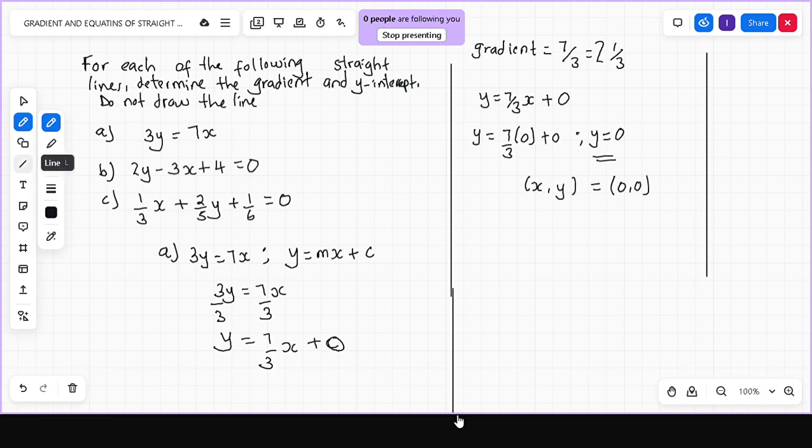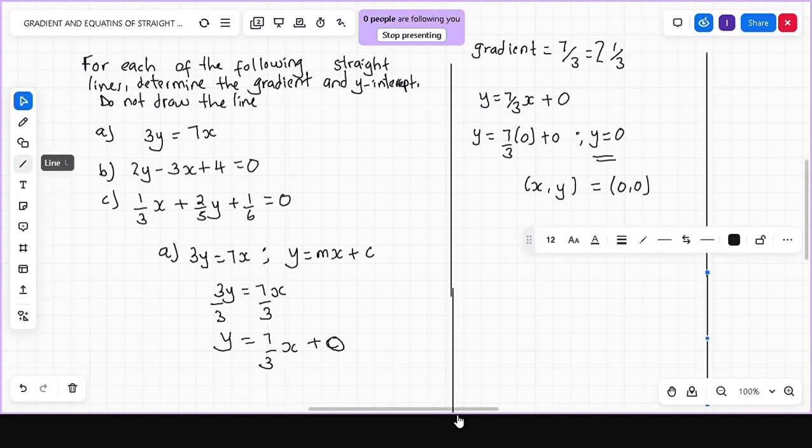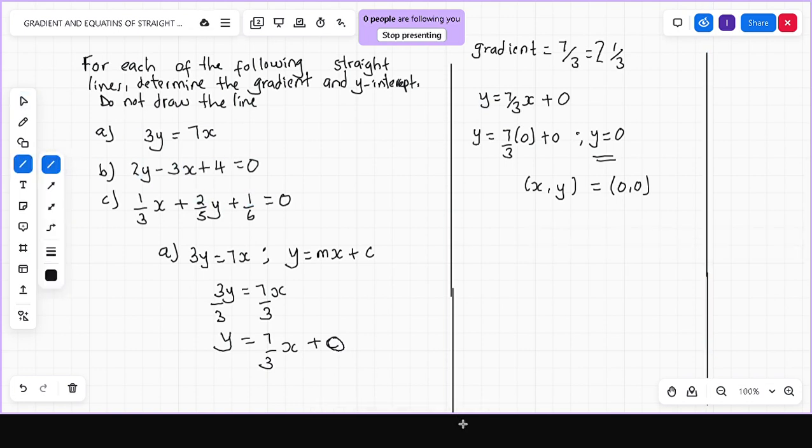Now let us go to the second example. The second question we've got is 2y minus 3x plus 4 is equal to 0. So the 3x and the 4 are going to cross the equal sign. That is part B: 2y equals 3x minus 4.